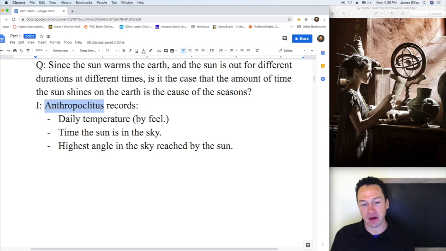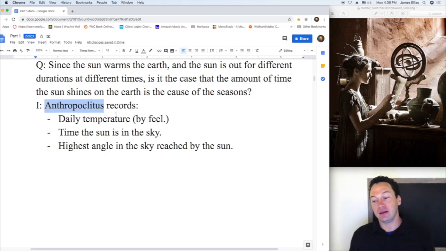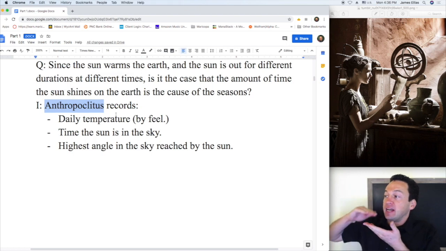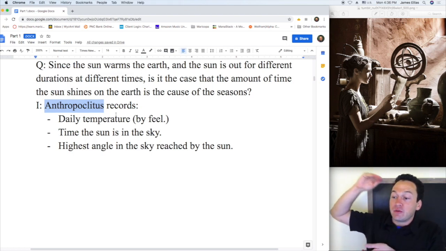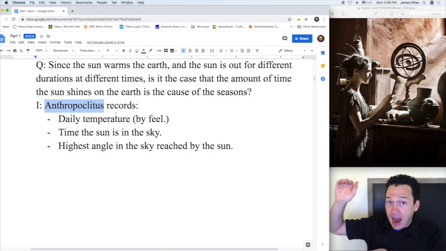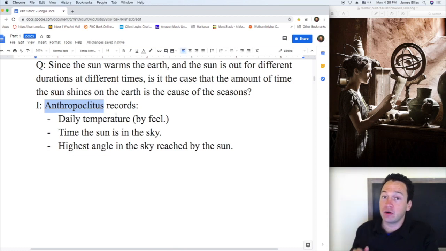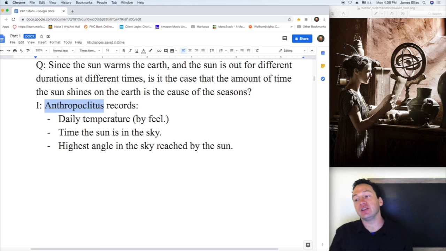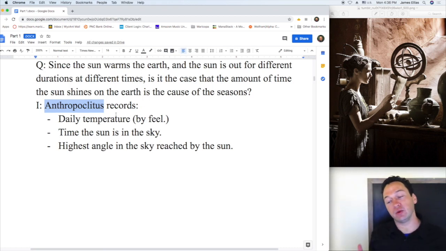And he's going to find that the days go in cycles: they get longer and longer until they reach a longest day, and then they start getting shorter and shorter until we reach the shortest day. And then the days begin to get longer again.